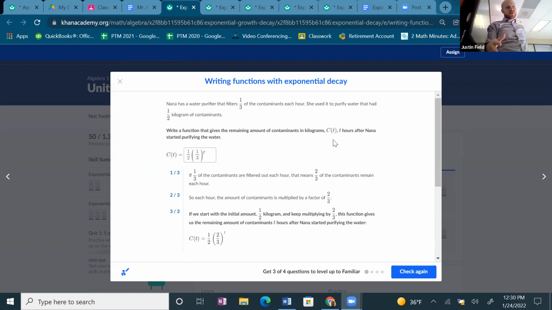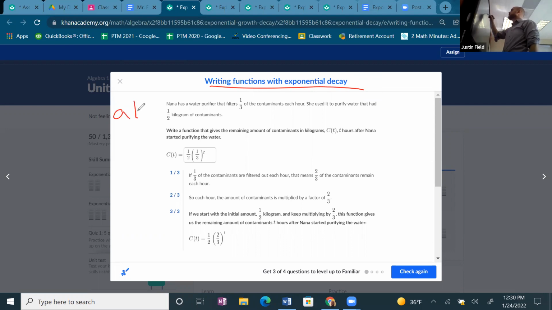So Nana has used a water purifier that filters 1/3 of the contaminants each hour. She used it to purify water that had 1/2 kilograms of contaminants. We talked about exponential decay last week, and this assignment is writing exponential decay functions.